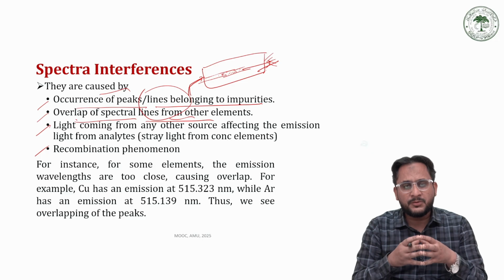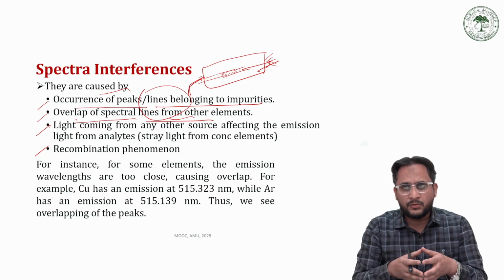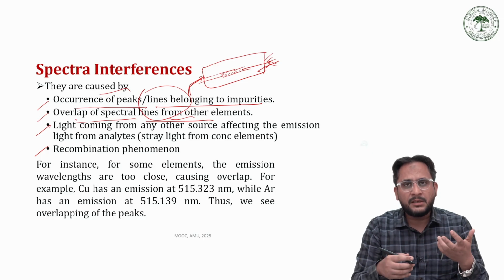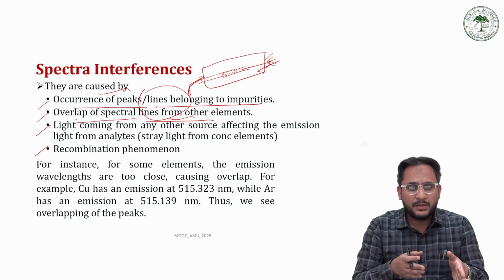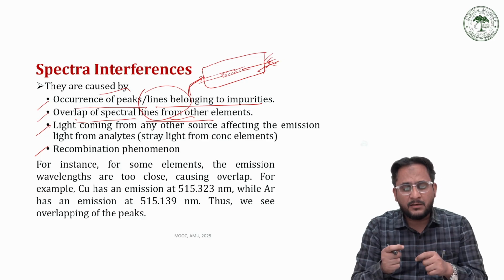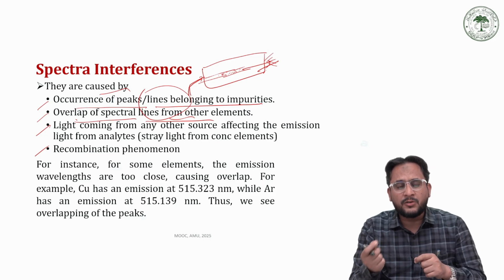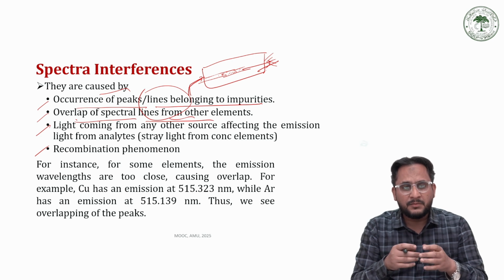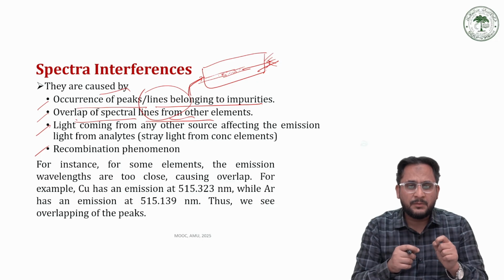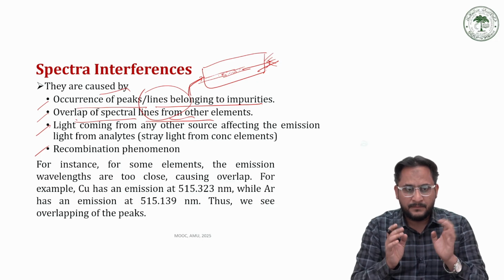Or in some cases we may think that the peak or spectral line belongs to one particular element, but since it is very close to another component, that peak actually belongs to the other component, and we are misinterpreting that peak, which ultimately needs to be avoided.